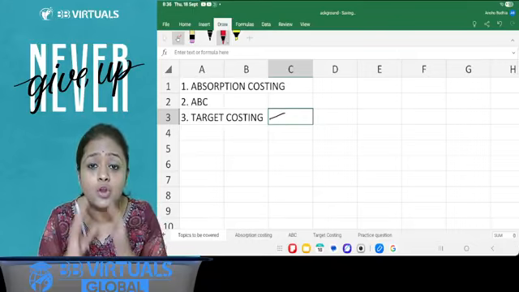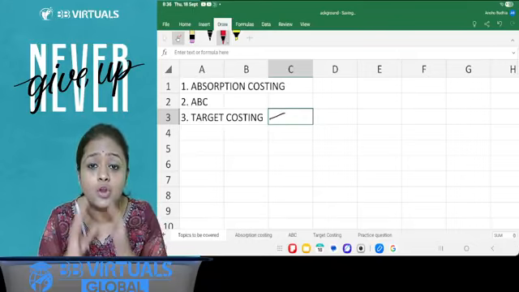They also mix up absorption costing at some point. So today let's understand it very clearly with a lot of examples, so that things don't get mixed up, and you can do multiple questions and have confidence in doing any question after you attend this session today.